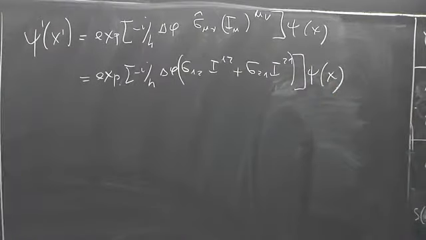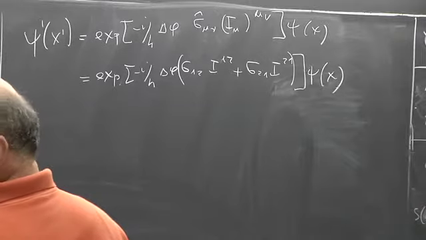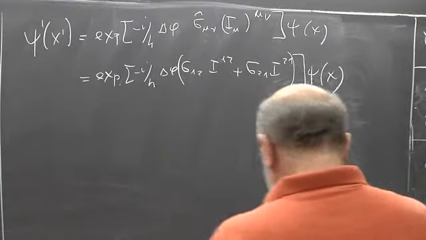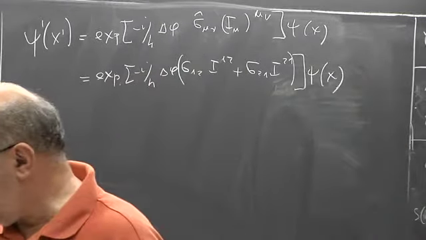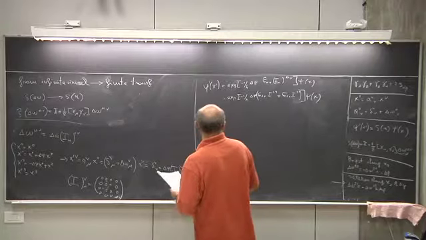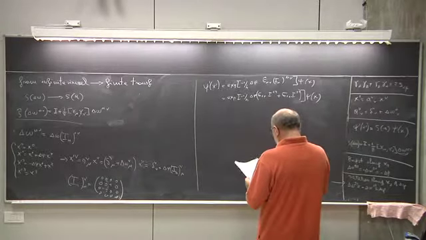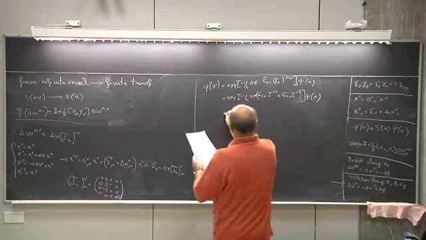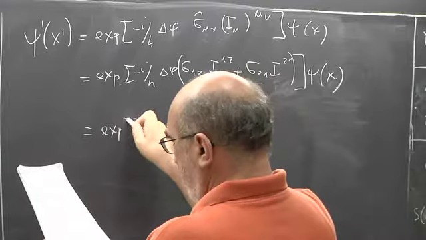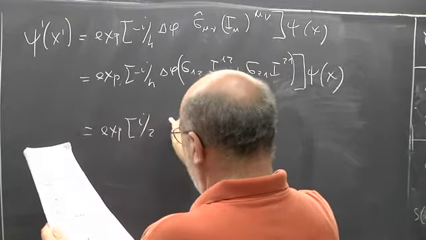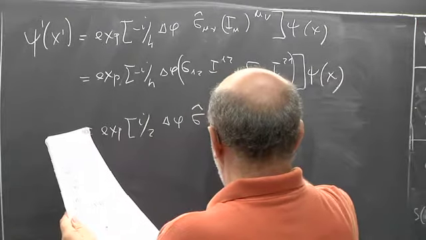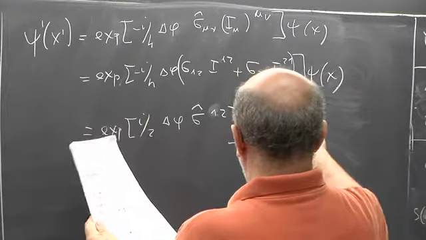But which indices are different from 0, different from the identity, in this matrix? In this matrix, there are only these two indices, (2,1) and (1,2), that are different from 0. Remember, it's 0, 1, 2, 3 as indices. So you get that expression, and now if you work it out, you get exponential of i/2 δφ σ^{12} ψ(x).